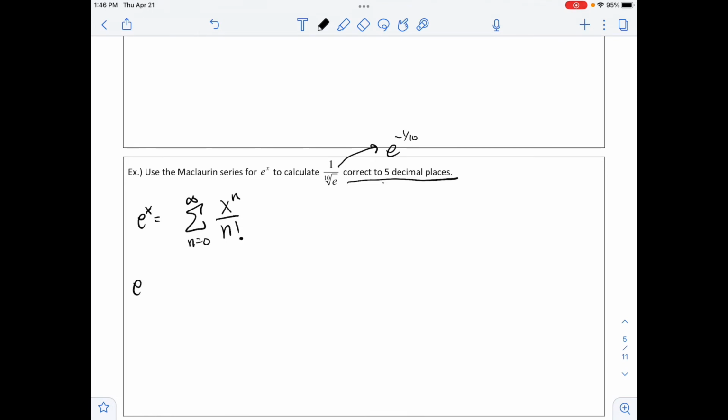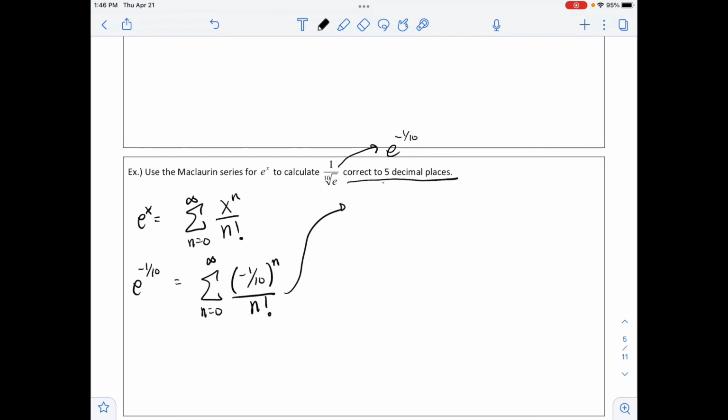And so e to the negative 1/10 power is going to be approximated by the sum from n equals 0 to infinity, and x for this case is negative 1 over 10 to the nth power all over n factorial.